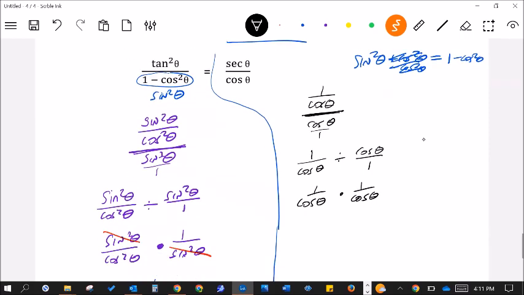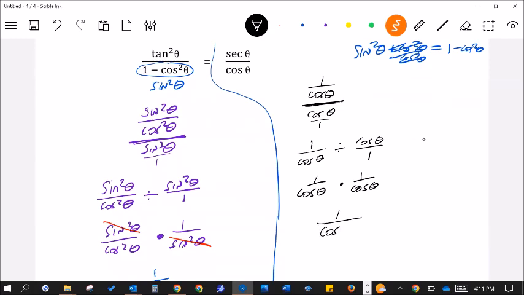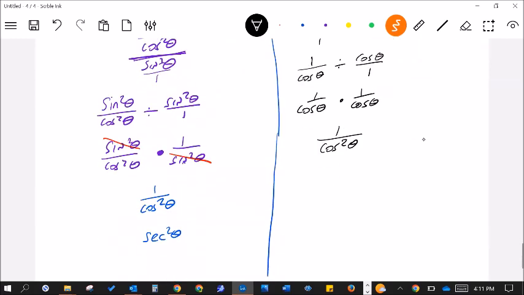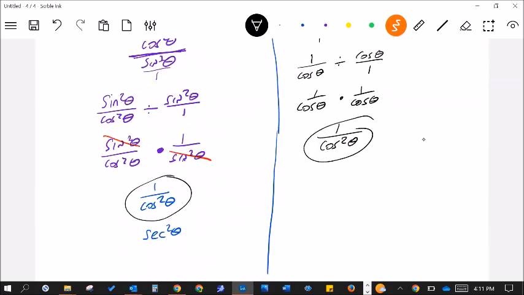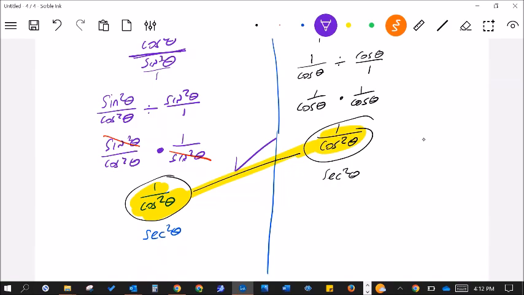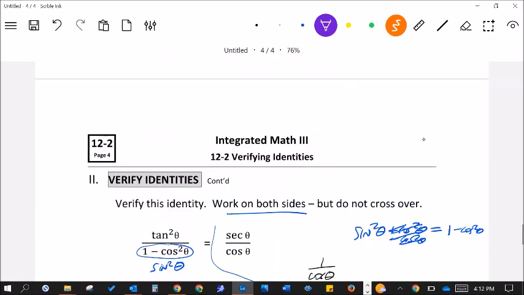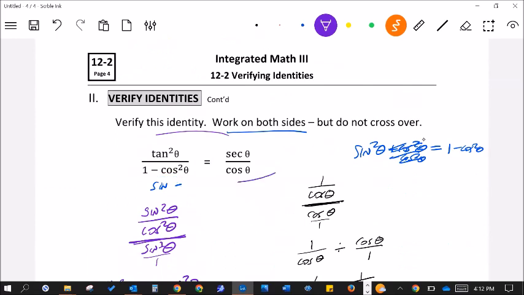So now it looks like I can do 1 over cosine squared theta, and right here I have them the same. I could go further and call this secant squared theta, but no reason really. These two sides are equal, and that means what we have is verified. We verified that the two sides are equal, that this is a correct identity.